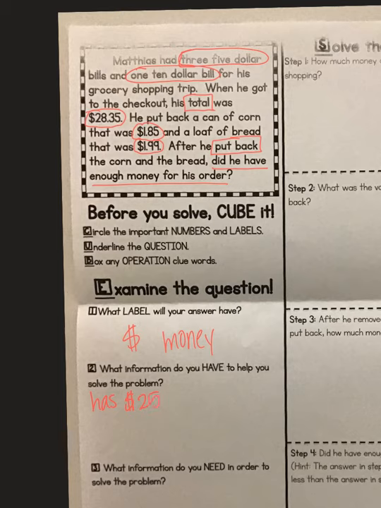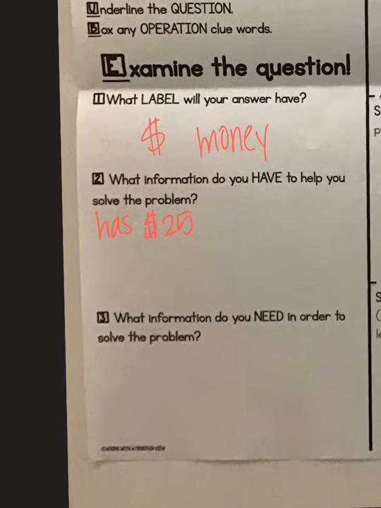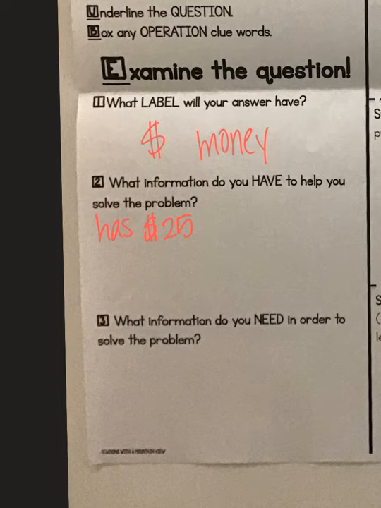What else do we know? What was his total? His total was $28.35. What did he do?